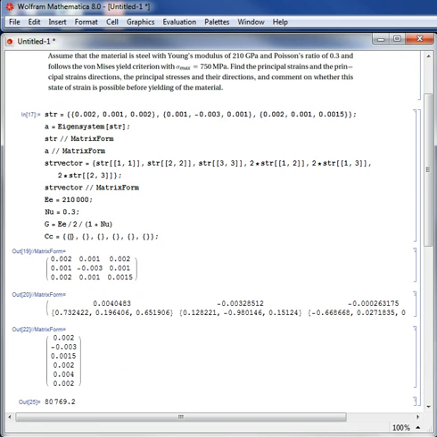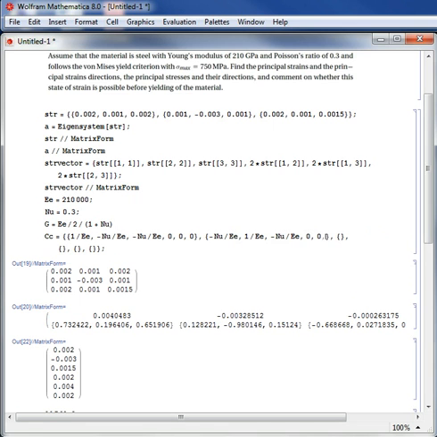The relationship between the stress and the strain is given by a huge matrix that's 6 by 6. The entries of this matrix are as follows: 1 over Young's modulus, negative Poisson's ratio over Young's modulus, and notice that Mathematica is case sensitive, so I'm using capital nu here, and here as well, negative nu over EE, and then a bunch of zeros. The second row is negative nu over E, 1 over E, negative nu over E, and then a bunch of zeros.